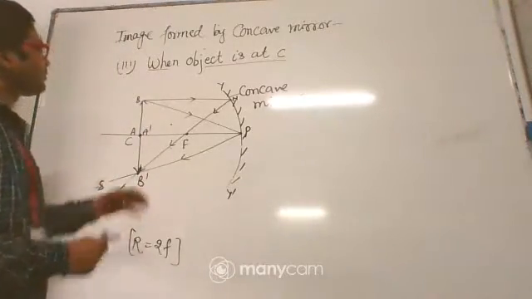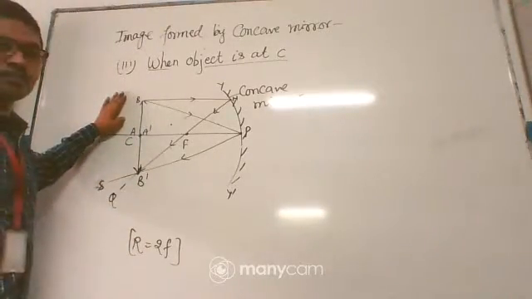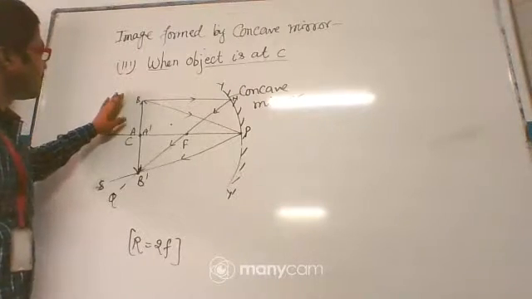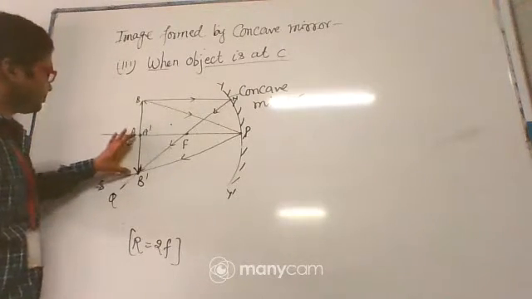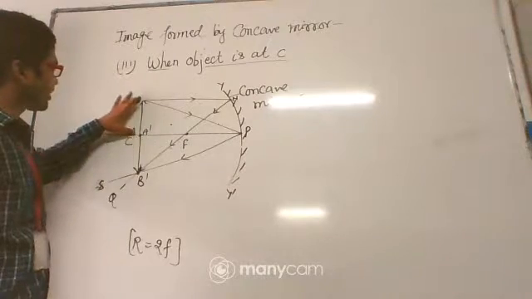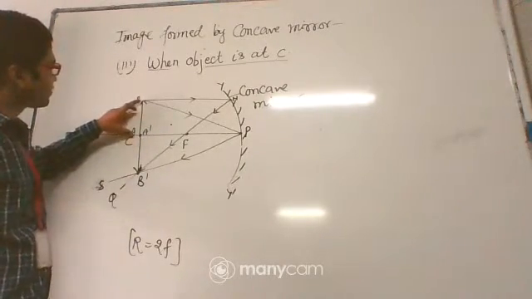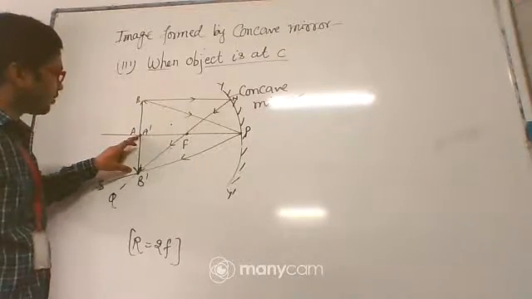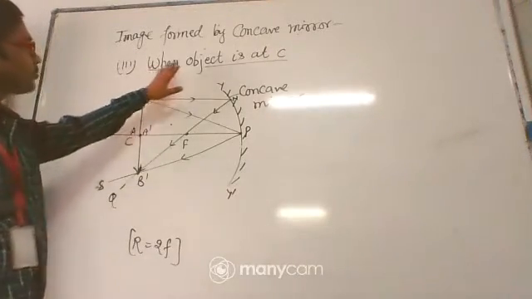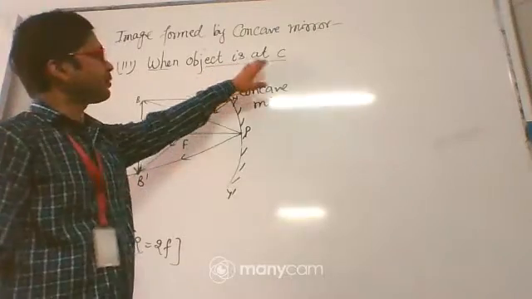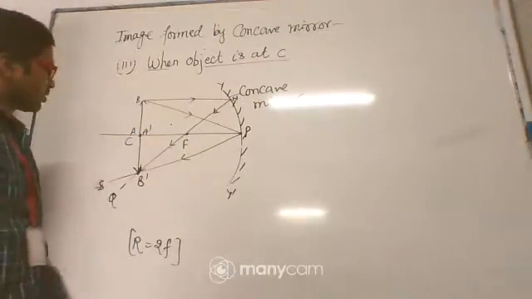So you can see here, this is the ray diagram. Okay, in this case, the object and the image coincide. Their positions are same, but you can see the object is erect and the image is inverted. This is the position when object is placed at point C.